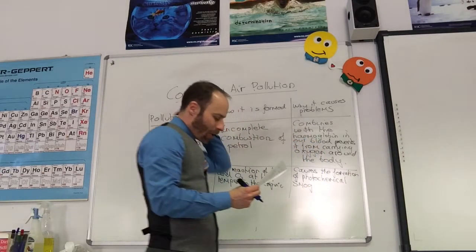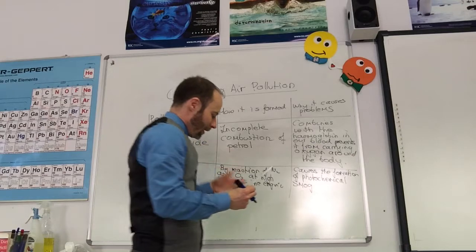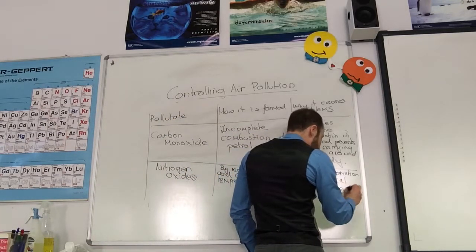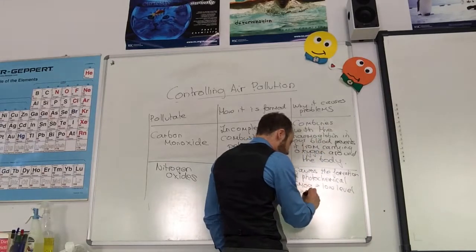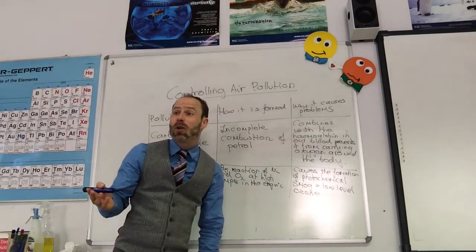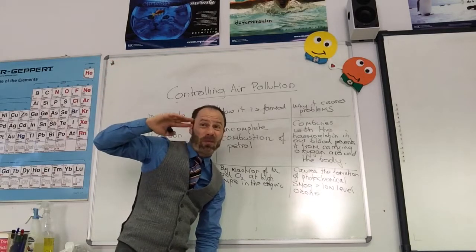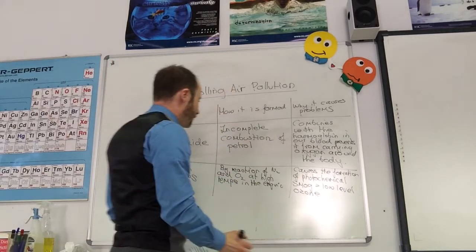So it causes the formation of photochemical smog and low-level ozone. We talked about how ozone is really good up in the upper atmosphere because it protects us from ultraviolet rays, but it's not good for us to breathe. You don't want to be breathing ozone.